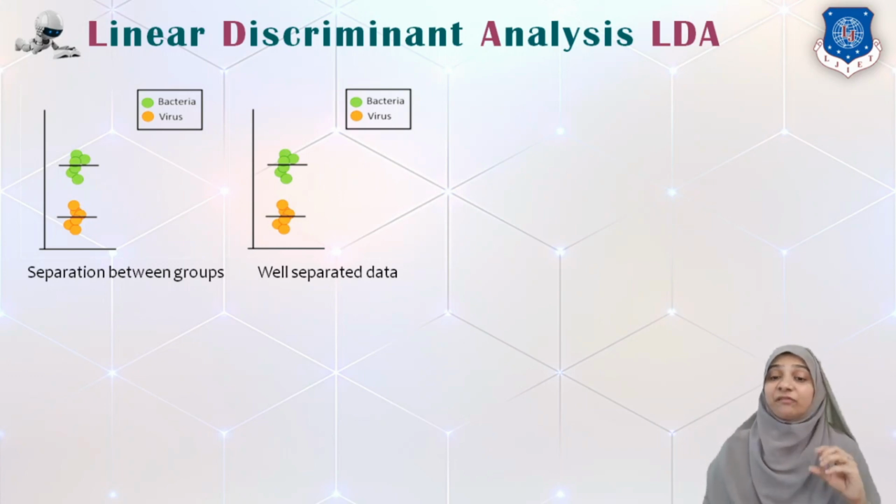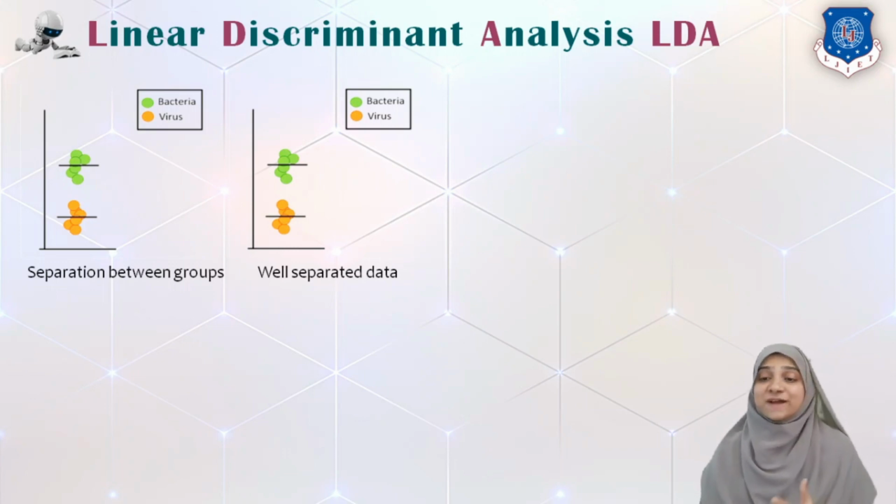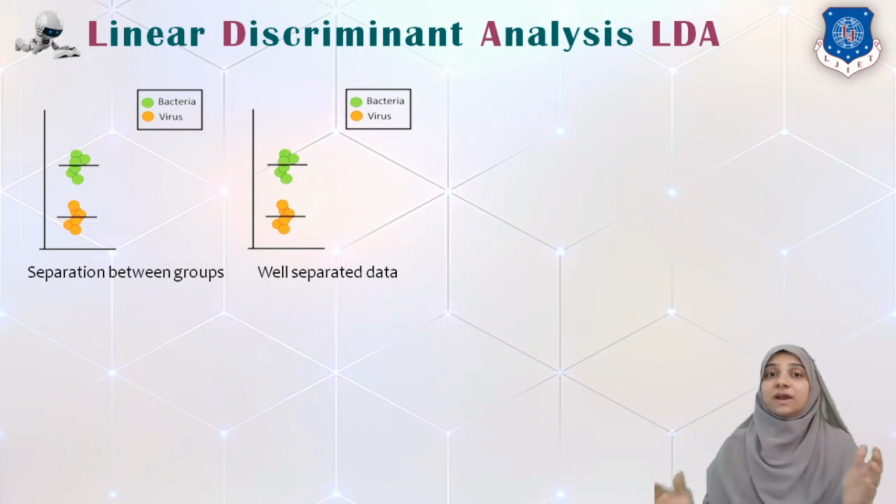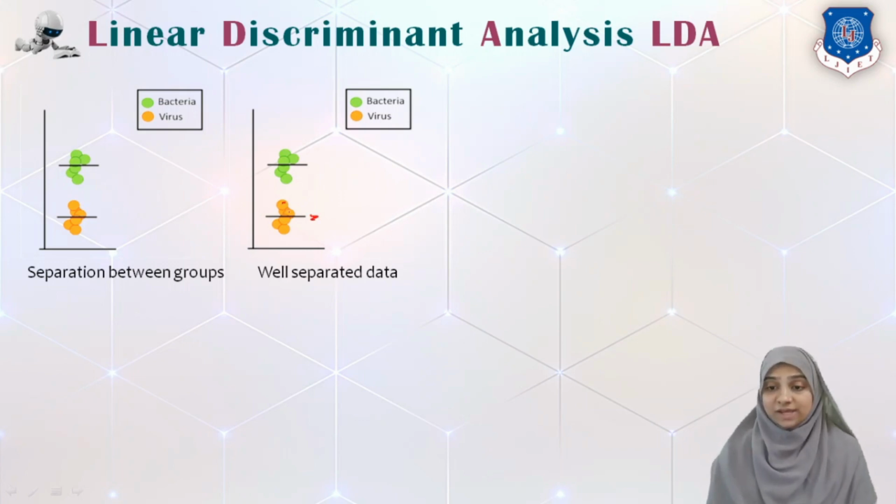What is the difference between two groups? The example of well-separated data looks like this, where all data points which belong to one class are gathered nearer to their mean. As you can see, this is the mean of the first class, that is nothing but the virus class, and all these data points are close to this mean.